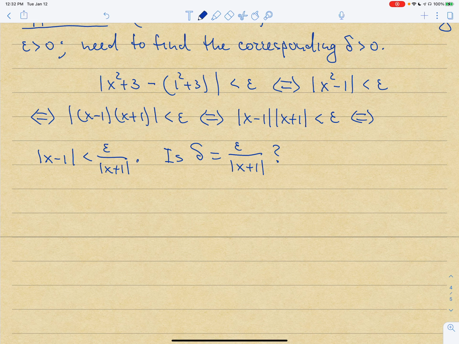But of course, this cannot be true because delta is a constant. If I'm dividing epsilon by the absolute value of x plus 1, then delta is not a constant. It is a function of x. So, nope. Not only that, but if I'm dividing by x plus 1, for instance if x is equal to minus 1, then I cannot even divide by x plus 1 anymore, right?